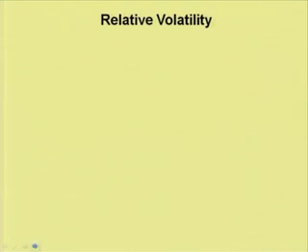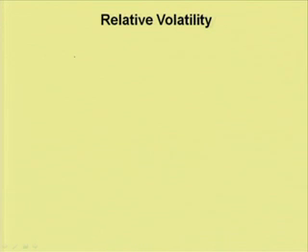Now, we will discuss the relative volatility. The greater the distance between the equilibrium curve and the diagonal, the greater the difference in the liquid and vapor composition, and the easier it is to separate by distillation. One numerical measure for this is the relative volatility.